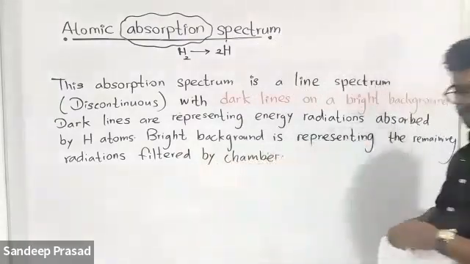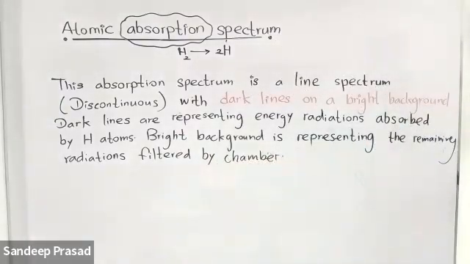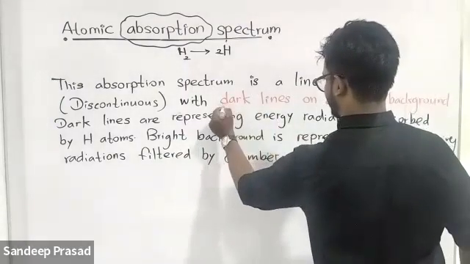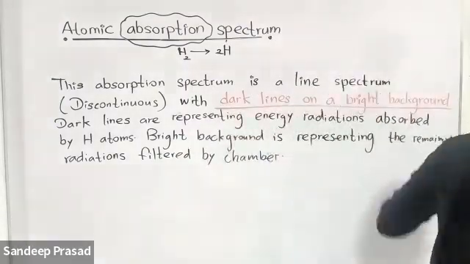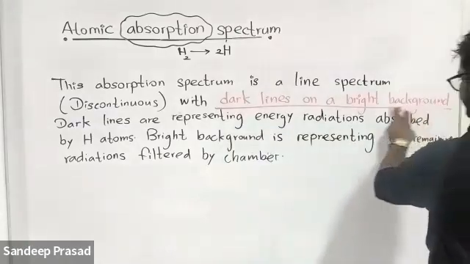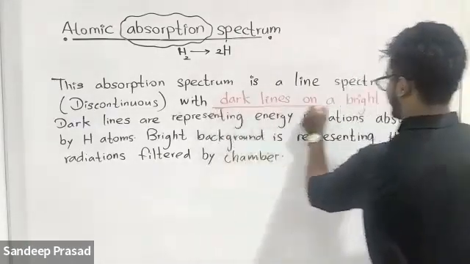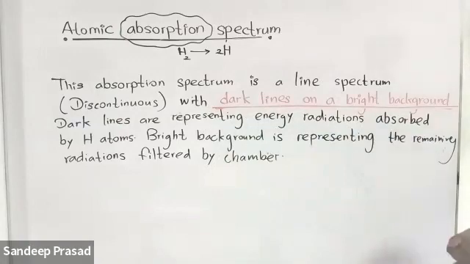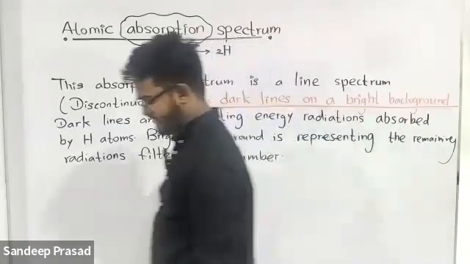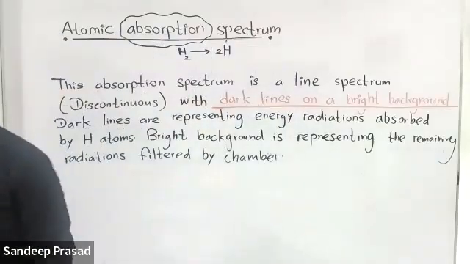Quickly, in page number 33, this is very important. Dark lines on a bright background. Dark lines are representing the energy radiations absorbed by the hydrogen atoms. And the bright background is representing the energy radiations filtered by the chamber.